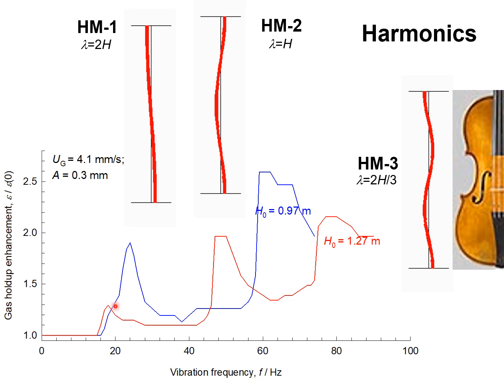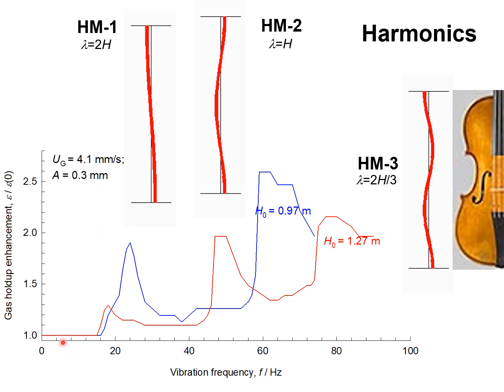The gas holdup at any given vibration frequency is divided by the gas holdup for the same column that is unvibrated. The superficial gas velocity in these experiments is maintained constant at 4.1 millimeters per second, and the vibration amplitude is 0.3 millimeters.